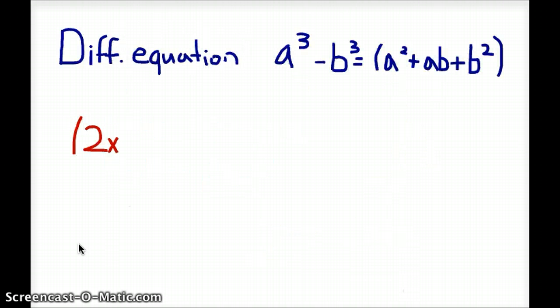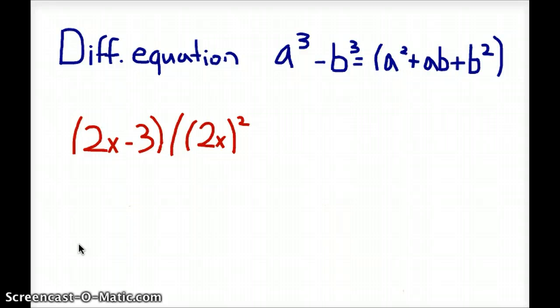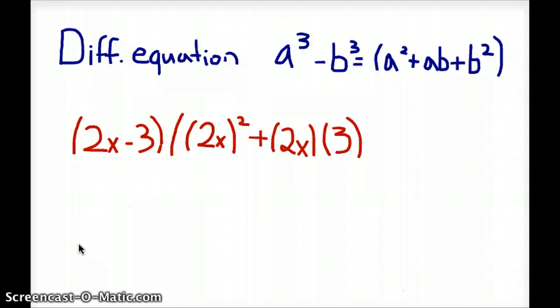So, when you plug in a and b into the equation, you'll get (2x minus 3)((2x) to the power of 2, plus (2x)(3), plus 3 squared).